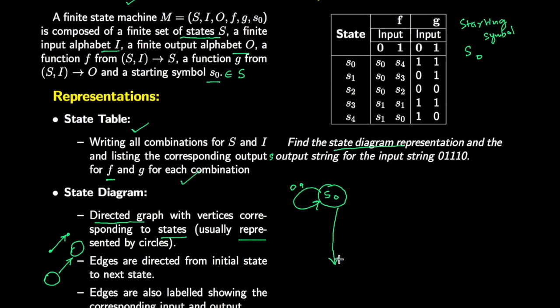So this is my S4, and this is my input of 1. If I'm at S4 and my input is 0, I get to S1. This is input 0. And if my input is 1, then I go back to S0.